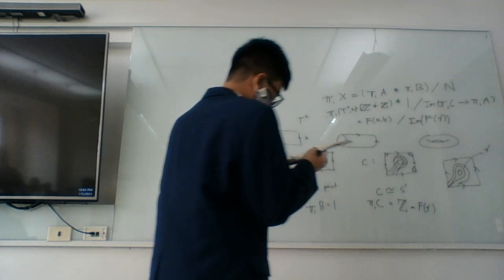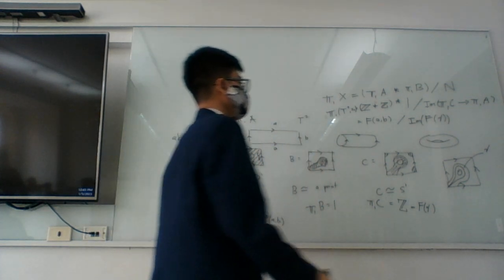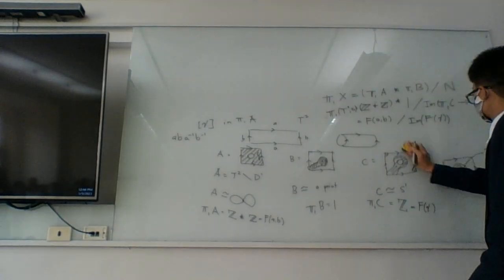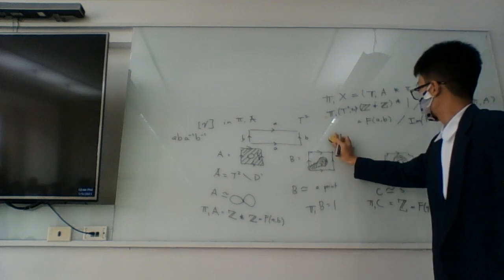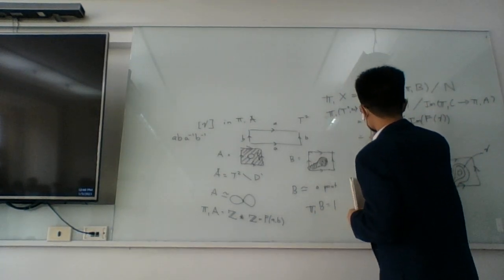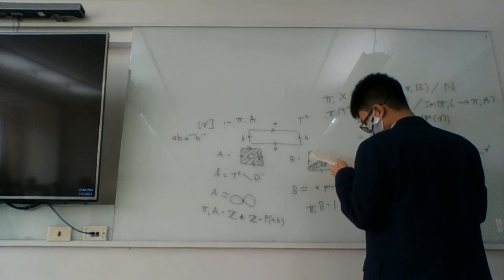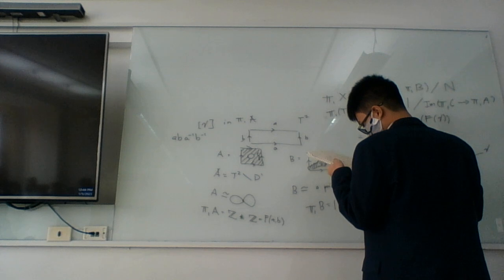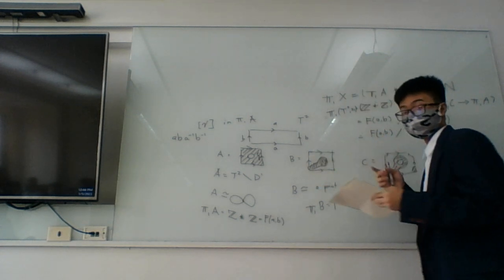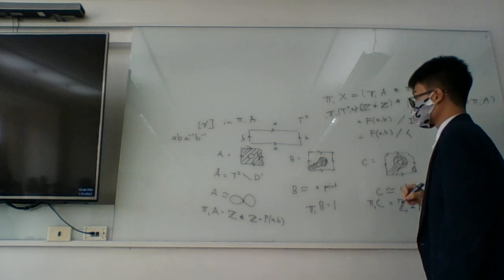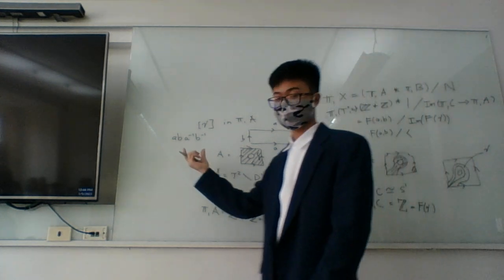Okay, so now we can rewrite this image, or this fundamental group, as the free group on a, b mod the presentation, or this is where presentations come in handy.